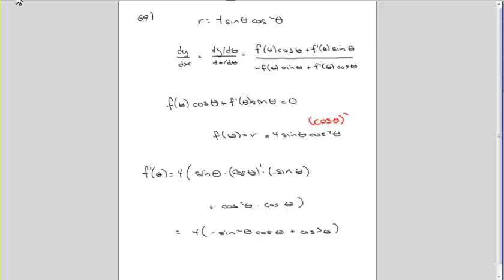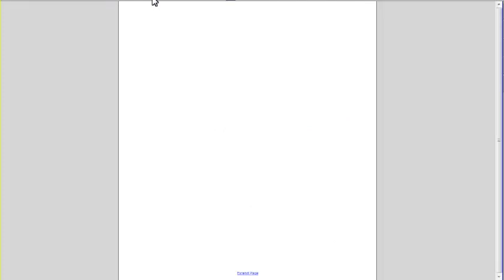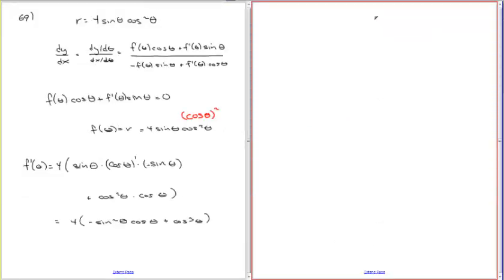Now, let's put both pages on the screen. So now we're going to do this part. f(θ) is 4 sine θ cosine squared θ, and we multiply by the cosine of θ. That's this first term.